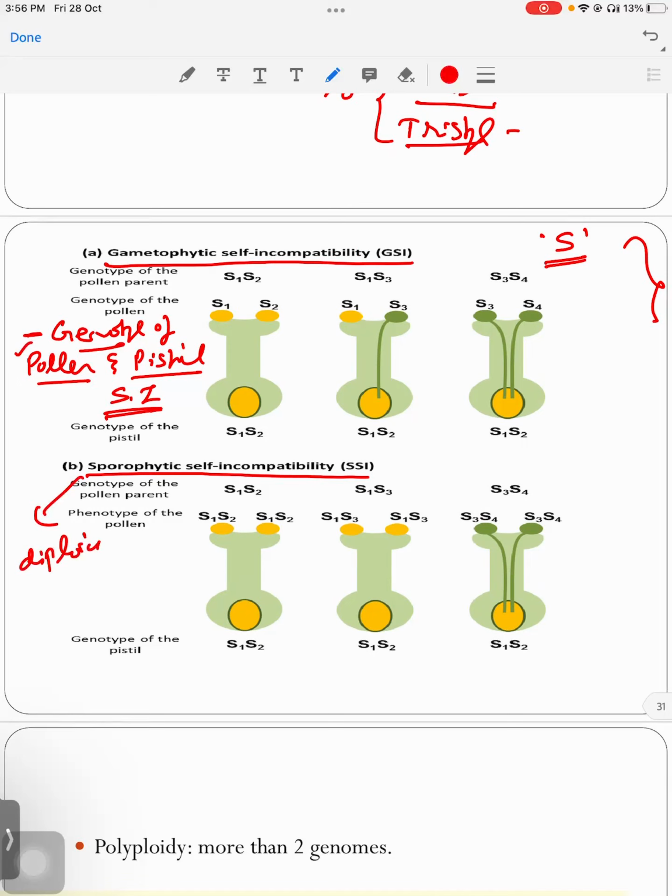But here, the diploid genome of somatic tissue of the pollen producing plant, the whole plant, is determining the self-incompatibility reaction. You'll ask me how that is. The diploid genome of the pollen producing plant is determining the self-incompatibility.